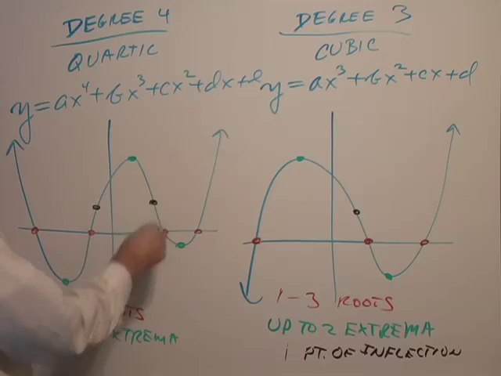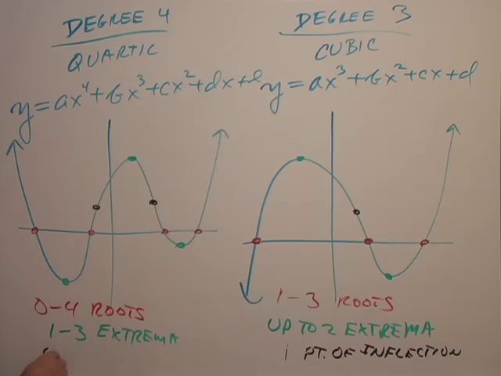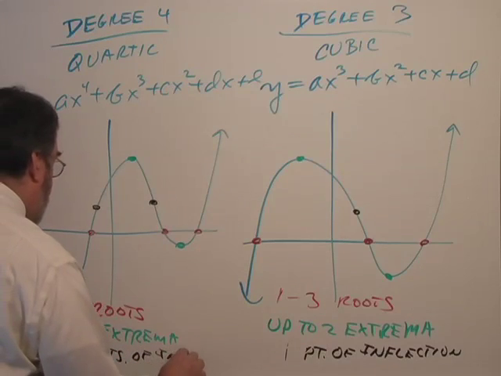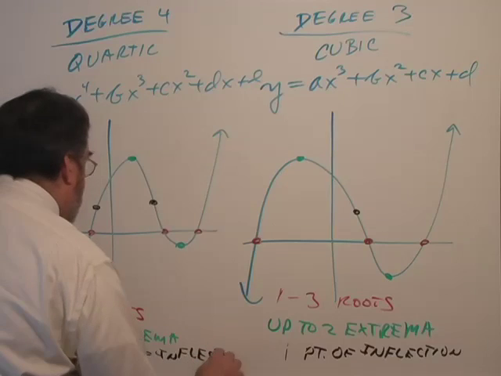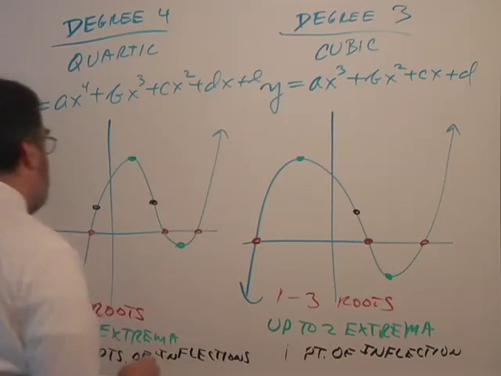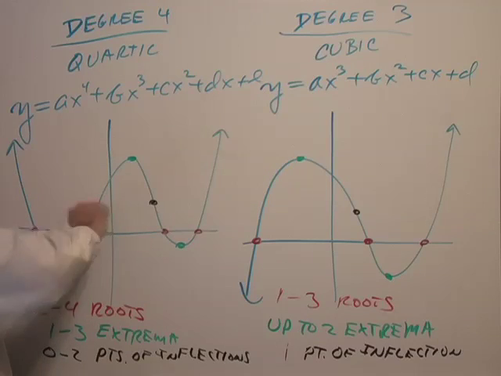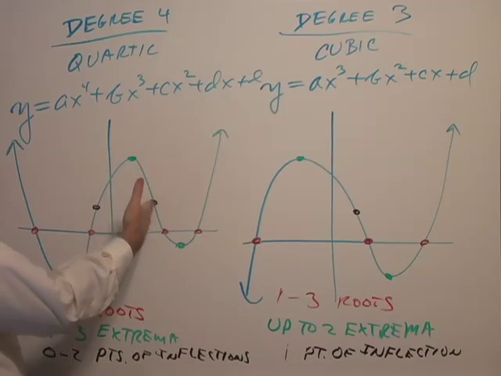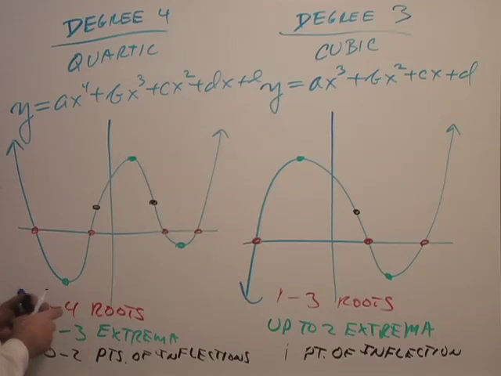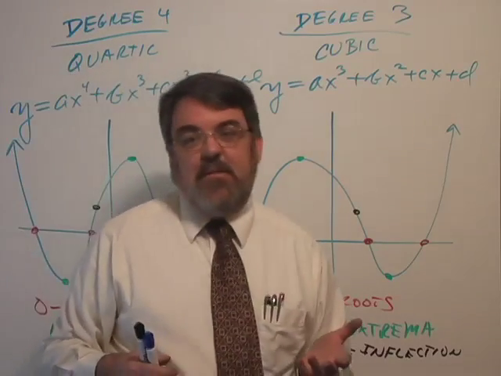Well, probably 2. I'm going to say 0 to 2 points of inflection. So again, the inflection is where it changes concavity. Here it's concave up, and then concave down, concave up again. So that changed in 2 places.